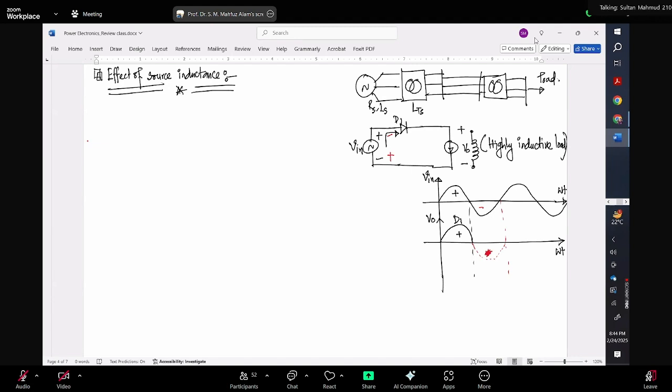So in that case, since this inductance requires a path for the current to flow, how about between these two terminals A and B, we include a diode like this. And this diode is known as a freewheeling diode.